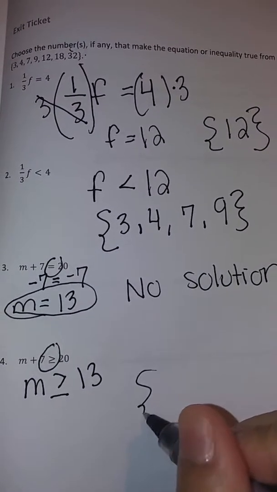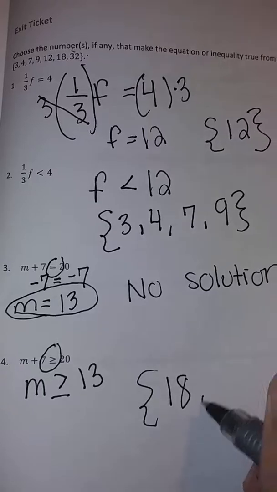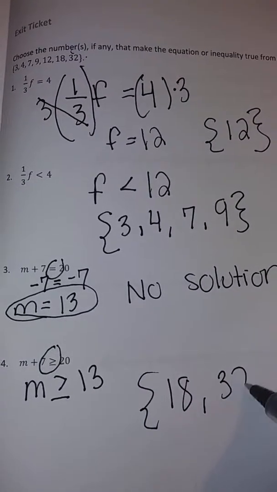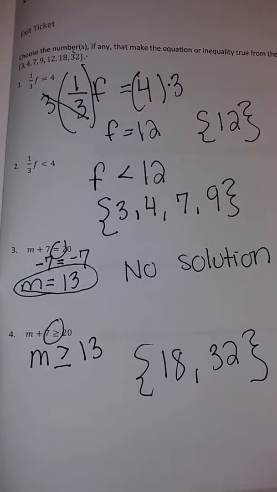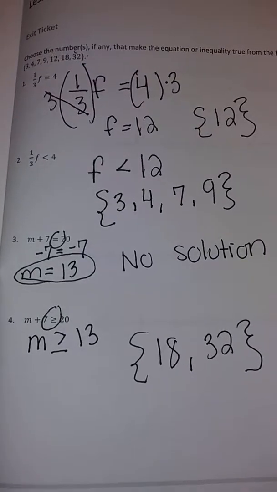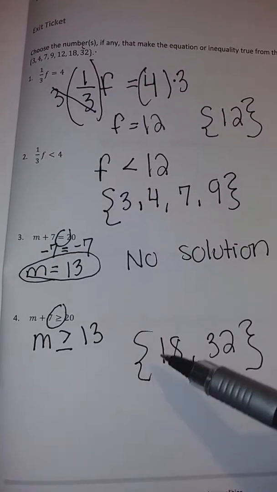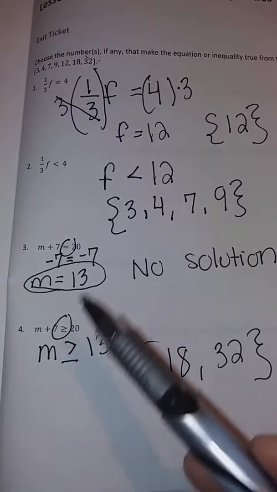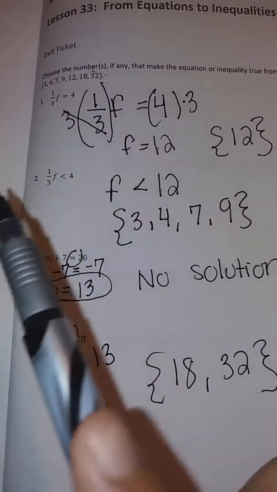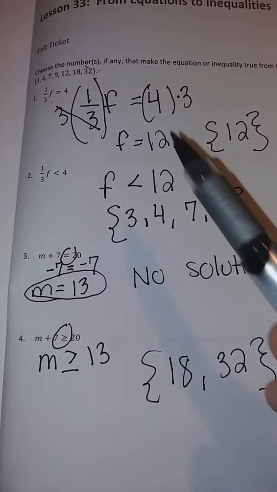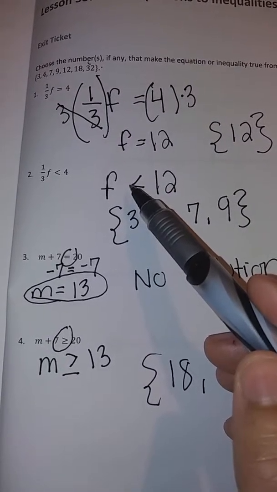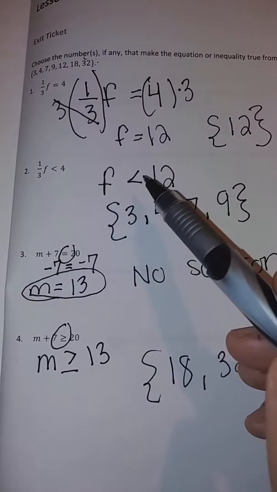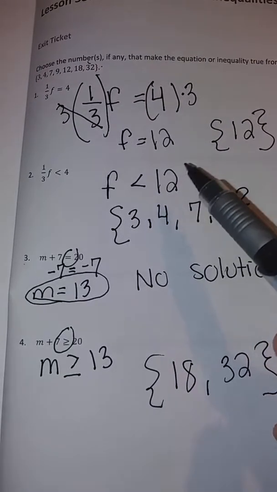So we're going to go ahead and put those greater numbers, which are 18 and 32. That should have been your answer. Make sure you answer in these symbols once again, and look out for your signs. Read them from left to right. Remember, the small end is always facing the smaller side. The big end is always facing the bigger number.